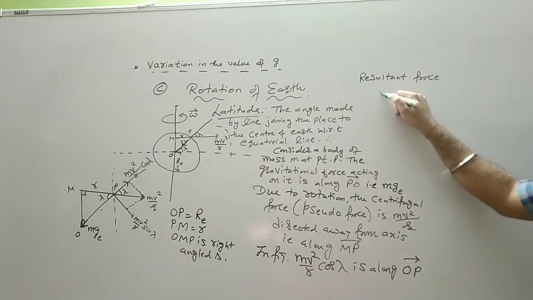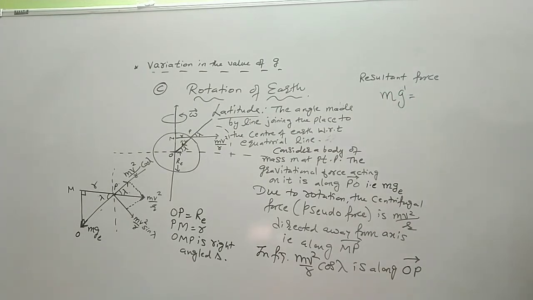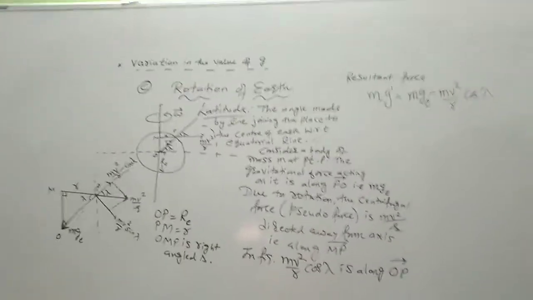Now the resultant force. Let the resultant force be mg dash. The gravitational force is mge minus the cosine component of the centrifugal force. So clearly, again the value of G decreases.